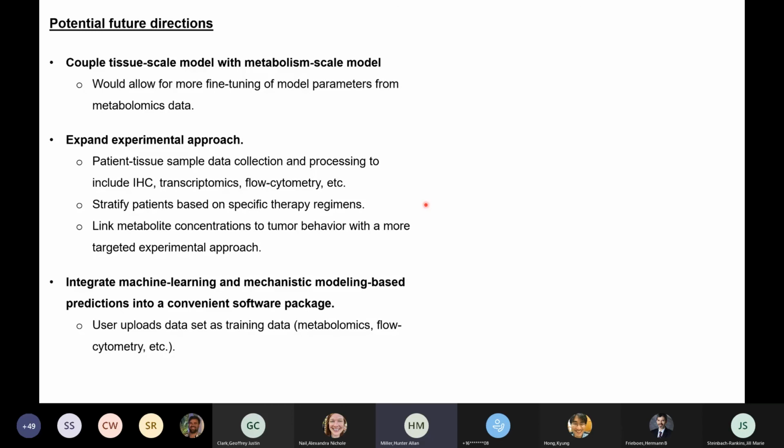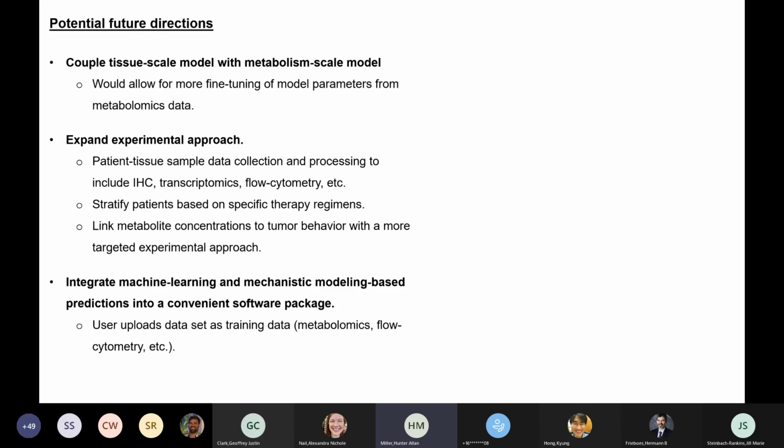There's also the potential to expand the experimental approach by including experiments like immunohistochemistry, transcriptomics, or flow cytometry. And it would be interesting to see what other types of data we could gather from these patients and use them to calibrate certain model parameters.